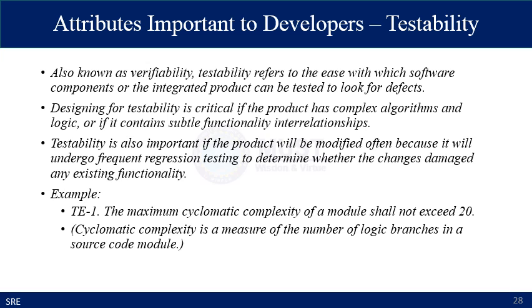Testability is also important if the product will be modified often, because it will undergo frequent regression testing to determine whether the changes damage any existing functionality. An example of testability says that the maximum cyclomatic complexity of modules should not exceed 20. Cyclomatic complexity is the measure of the number of logical branches in a source code module.